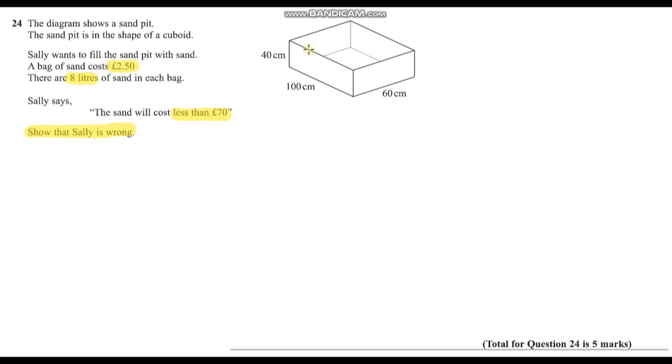So we've been given the dimensions of the sandpit, so let's work out the volume of the sandpit. So volume of pit, well, that's going to be 40 centimetres times 100 centimetres times 60 centimetres.